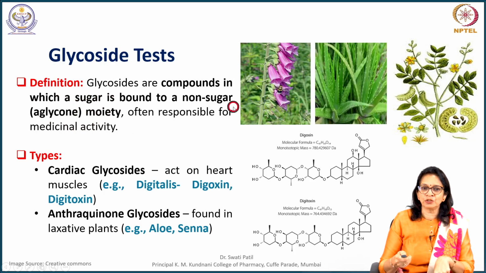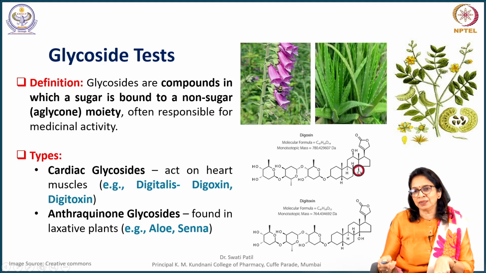To detect the aglycone, which tells us the class of glycosides: cardiac glycosides have a steroid ring with a lactone ring attached to it, an example is the digitalis leaf, Digitalis purpurea, and anthraquinone glycosides are seen in aloe and senna.